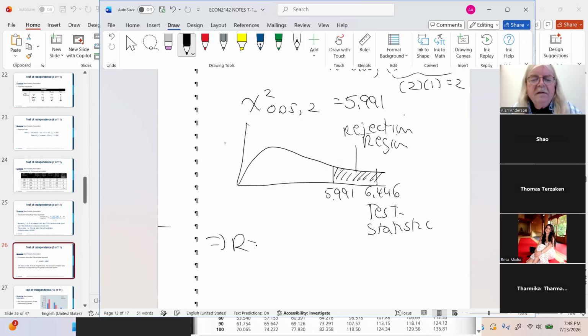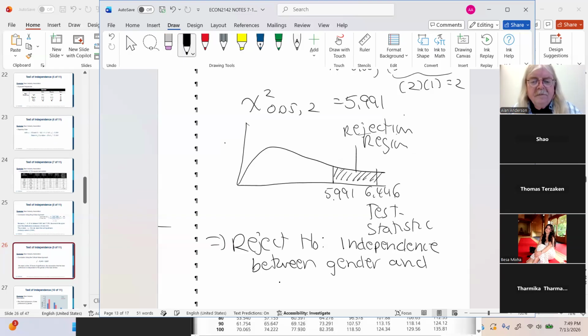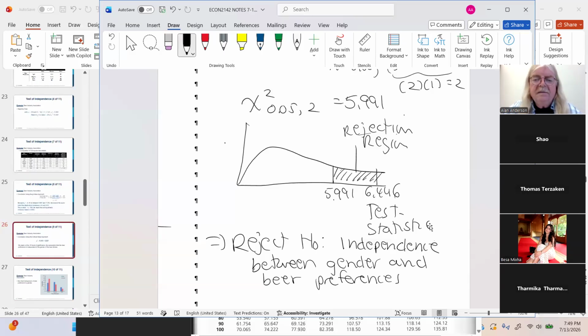So therefore, of course, we reject the null of independence between gender and beer flavors. And of course, accept the alternative that they're not. Okay.